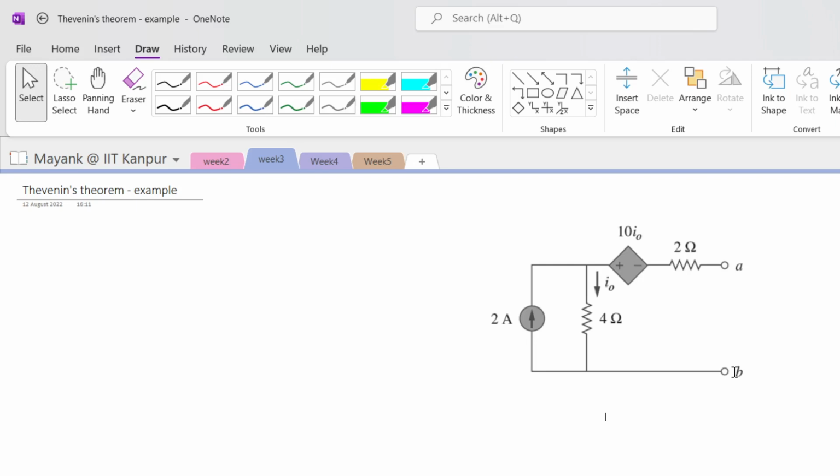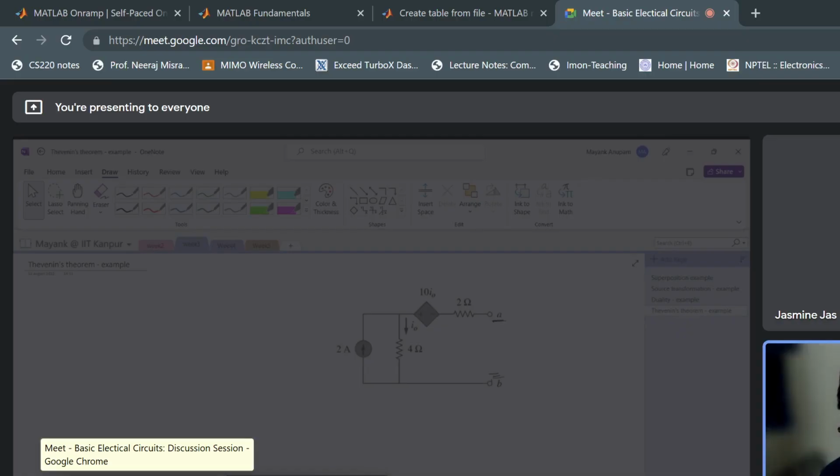Since week 3 was covered earlier and there was also a quiz on this and solutions are also shared, can you help me find out the Thevenin's equivalent in this case? Can you tell me how to find out Thevenin's equivalent here across these terminals A and B? Can you help me, Jasmine? Can you please unmute yourself?